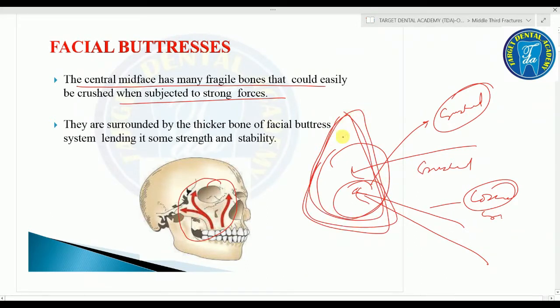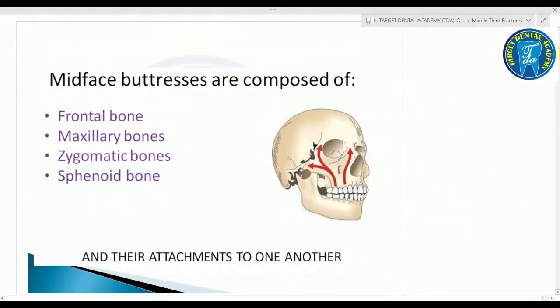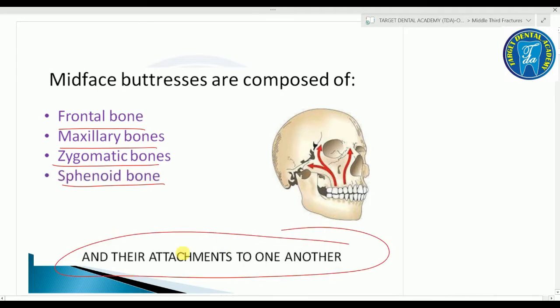It has very fragile bones that could easily be crushed when subjected to strong force, for example a cricket ball hitting directly, and many bones get crushed, because the central midface carries fragile bone. So they are surrounded by the thicker bone of the facial buttress system, lending it some strength and stability. The midface buttresses are composed of the frontal bone, the maxillary bone, zygomatic bone and the sphenoid bone, and their attachment to one another.